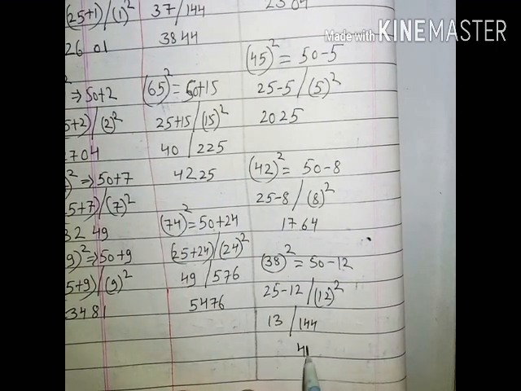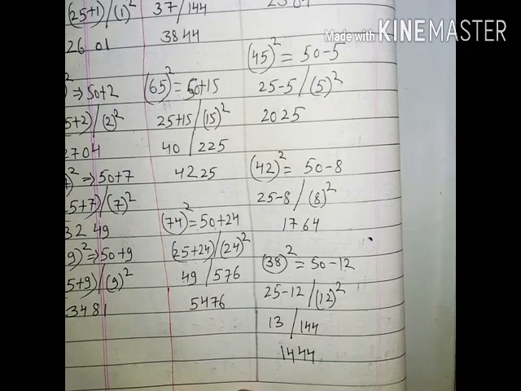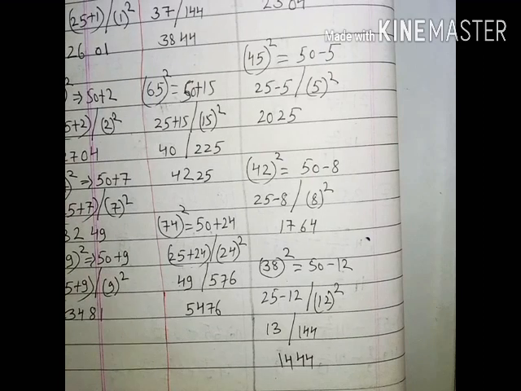We write only 2 digits on the right side and 1 is carried to the left. 13 plus 1 becomes 14. Just have a look.